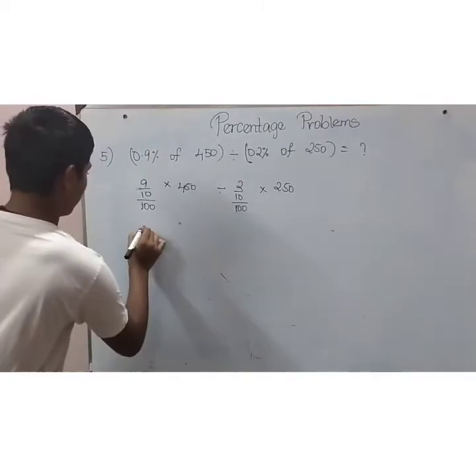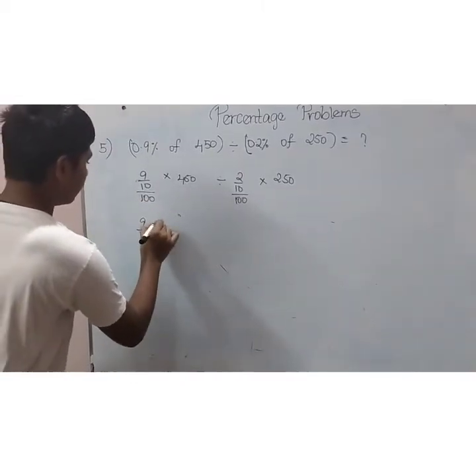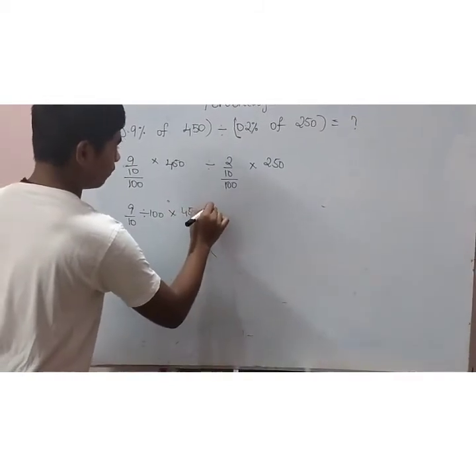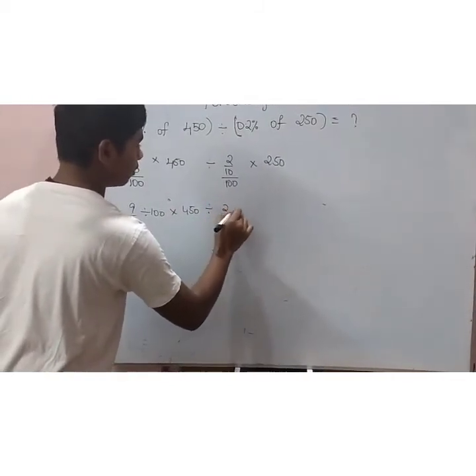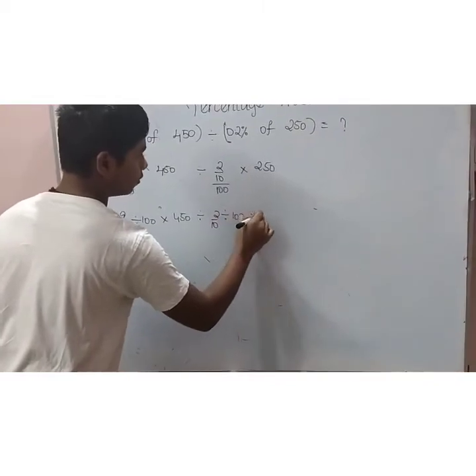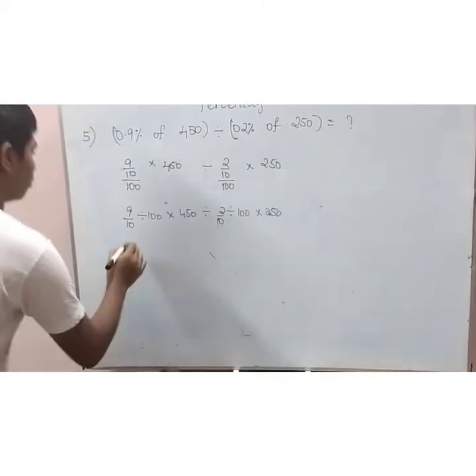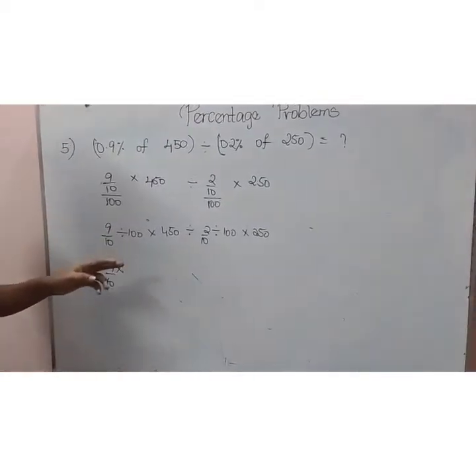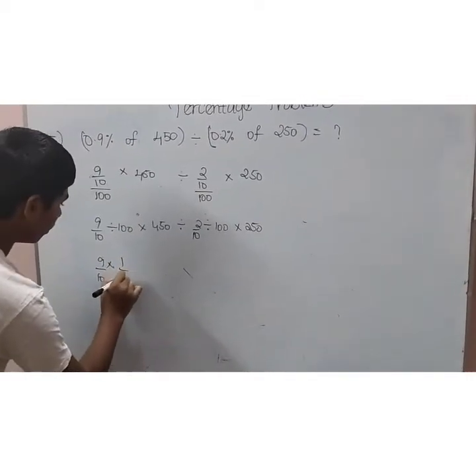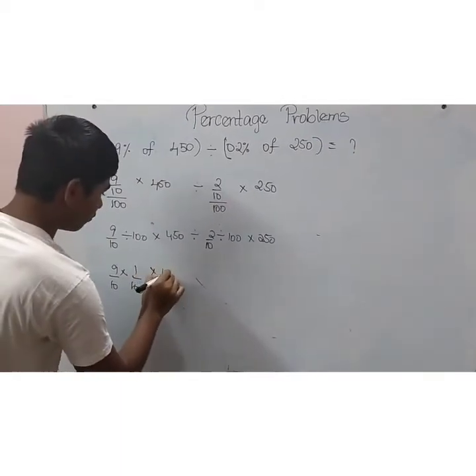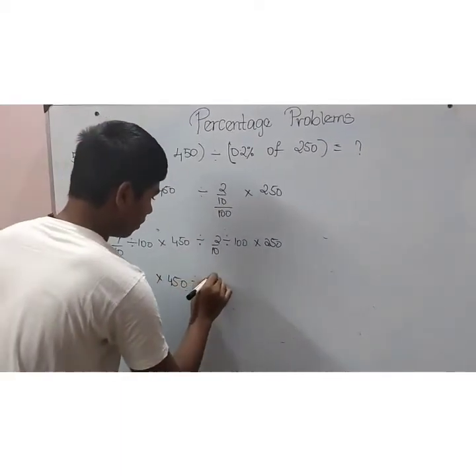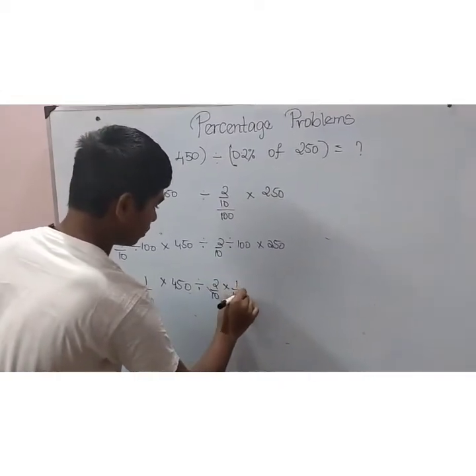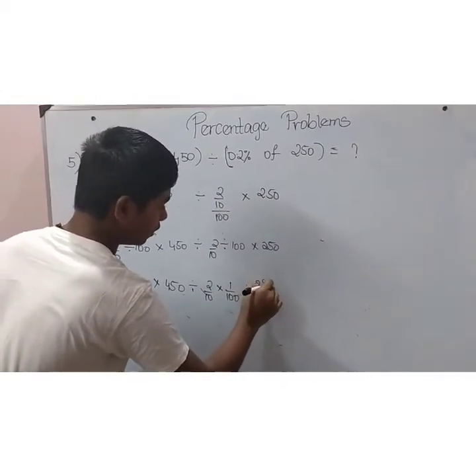Now 9 by 10 divided by 100 into 450, divided by 2 by 10 divided by 100 into 250. Now 9 by 10 into 1 by 100 into 450, divided by 2 by 10 into 1 by 100 into 250.